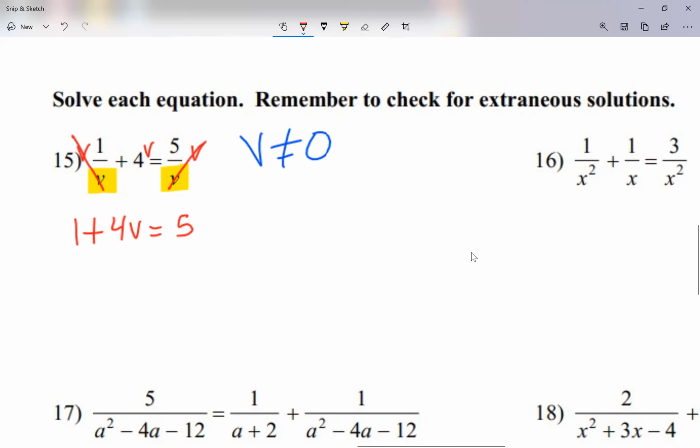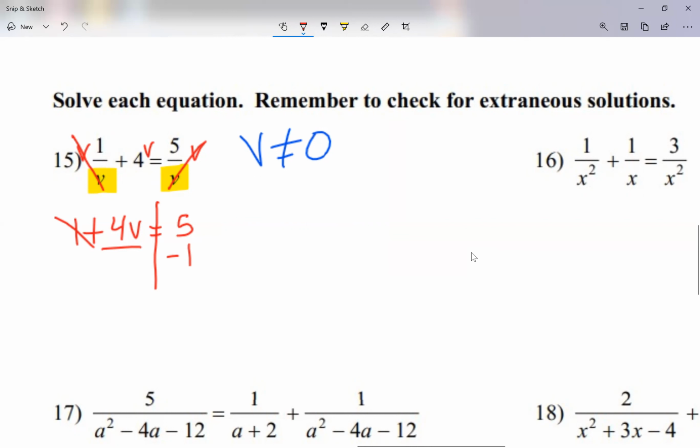And then what I do when I'm solving for letters with no fractions, I separate my sides through the equal sign, and I move my letters to one side. I only have one term with the letter, so I'm going to leave it on the left side. Everything that doesn't have a letter, move it to the other side. So this +1, let me move it to the other side as a -1. Don't forget to switch the signs: from positive, I move it to negative.